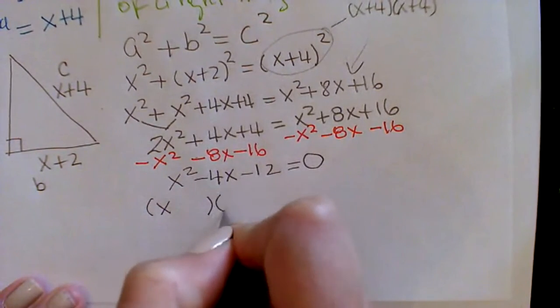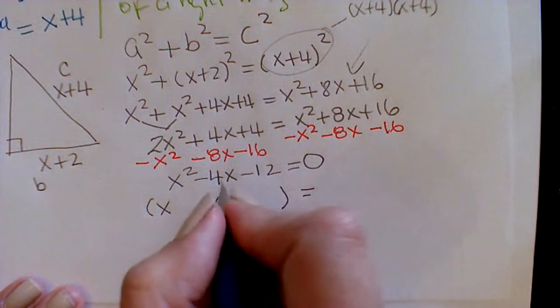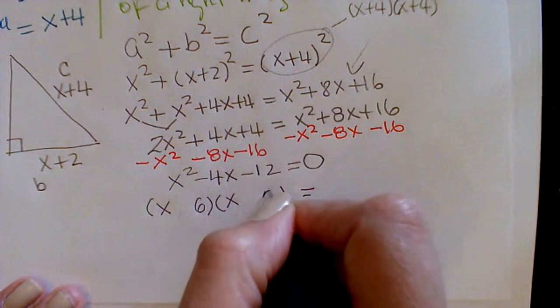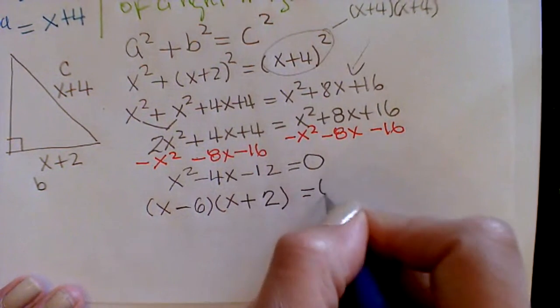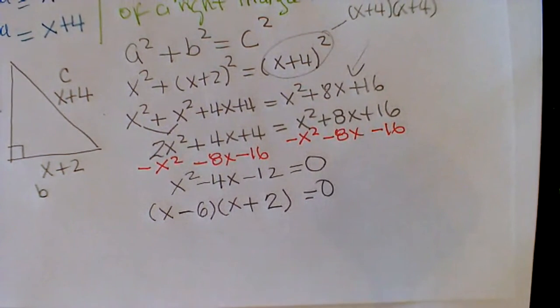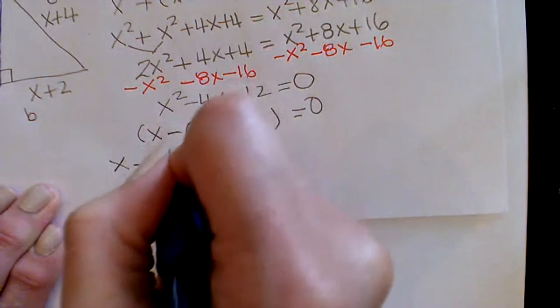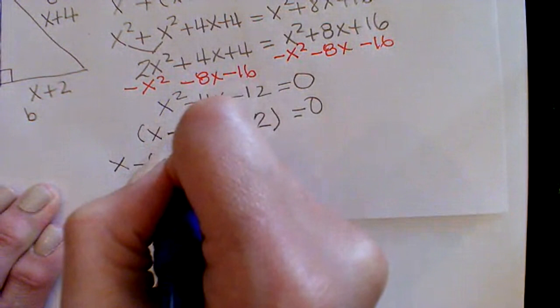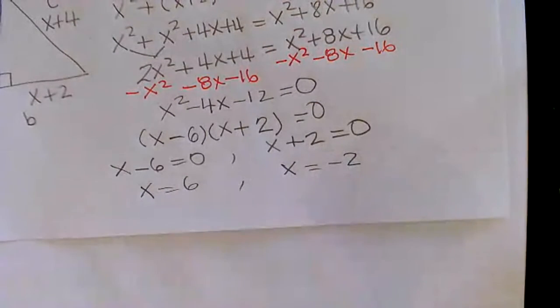We need two numbers that when we multiply, we get 12, and when we add them, we get 4. That's 6 and 2. This is going to have to be negative, and this is going to have to be positive. So I'm going to have x minus 6 equal to 0, and x plus 2 equal to 0. So x is equal to 6, and x is equal to negative 2. That's what I get there.